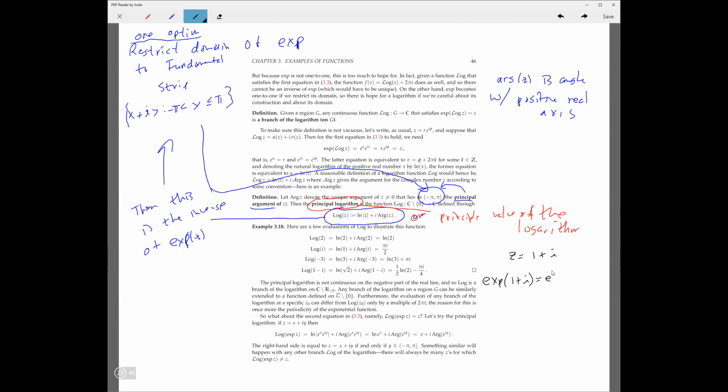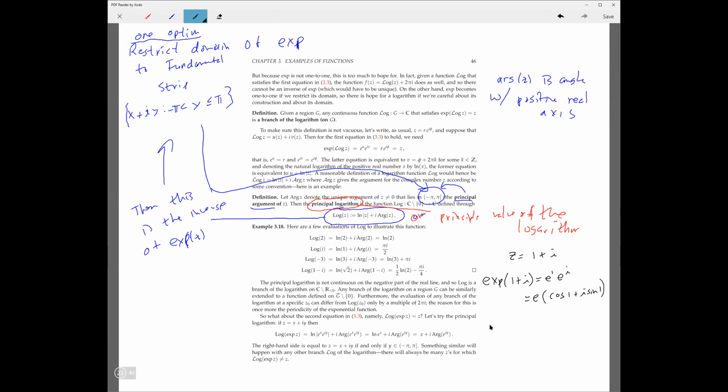That would be e to the 1 times e to the i. Oh dear, that's weird. Maybe this is a really bad example. Cosine of 1 plus i sine 1. Whoa. I'm regretting this. Oh well.